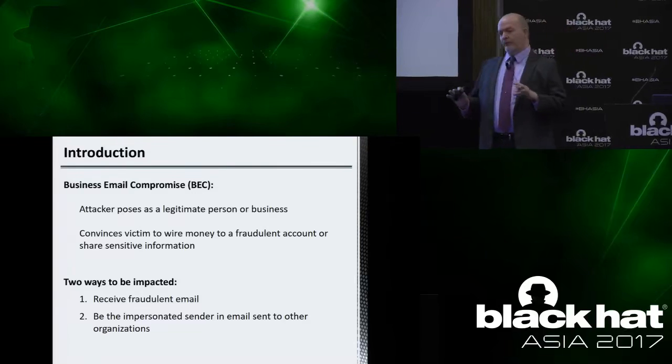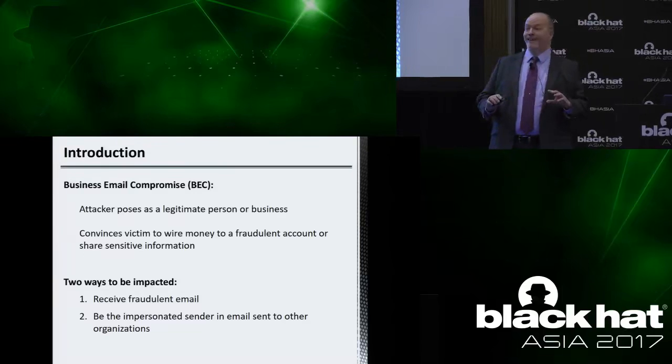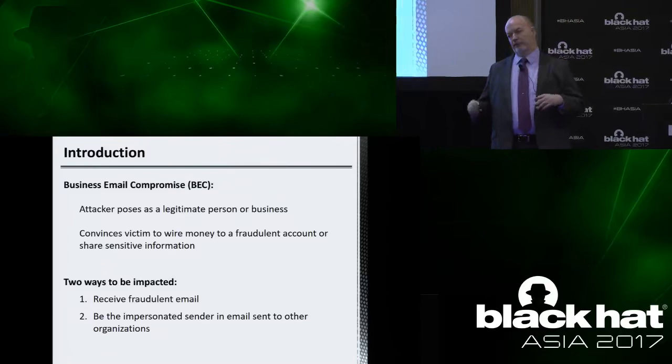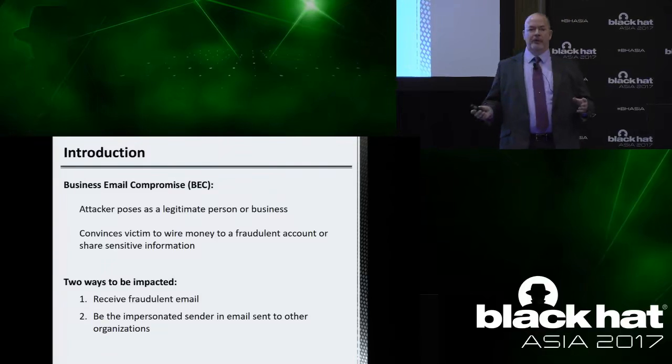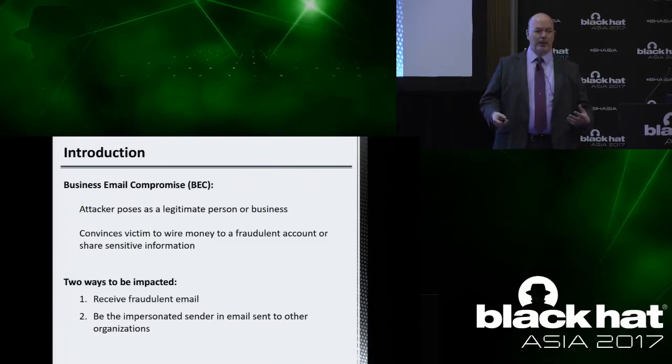And this makes business email compromise unique from other types of IT attacks. Normally when we think about my company being under attack from, say, a hacking group, what they're after typically is personally identifiable information, credit cards, medical records, perhaps intellectual property.